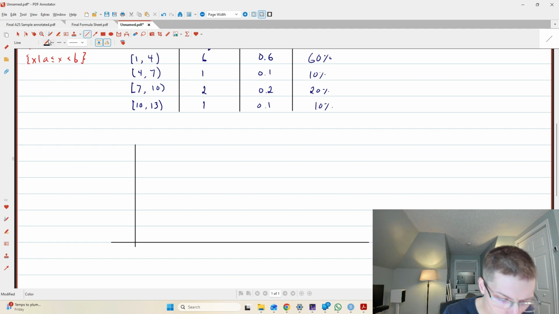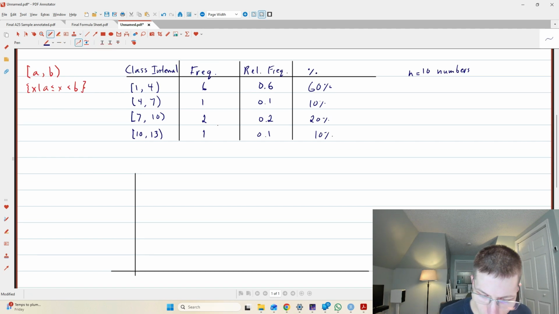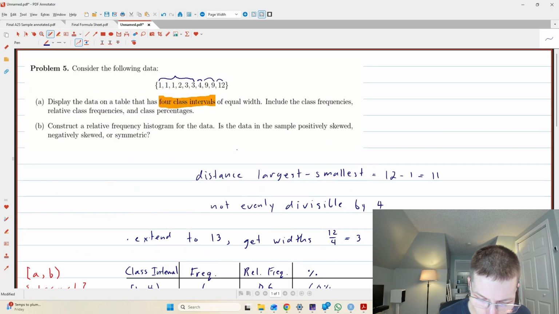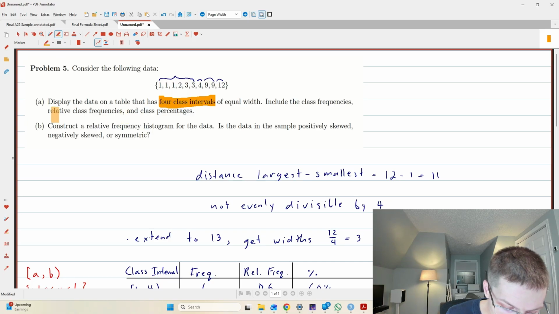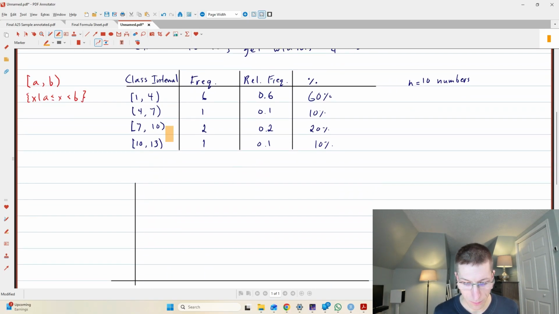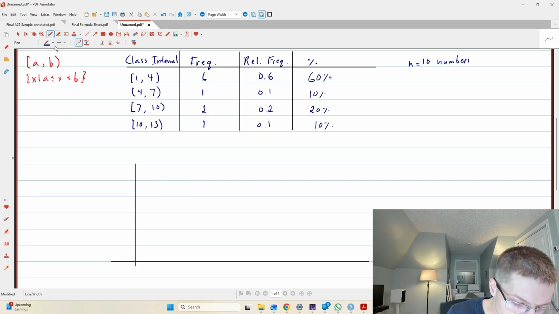This is a relative frequency histogram, so I wanted to go from 0 to 1. Construct a relative frequency histogram. Relative, like I said, means the proportion out of 1.